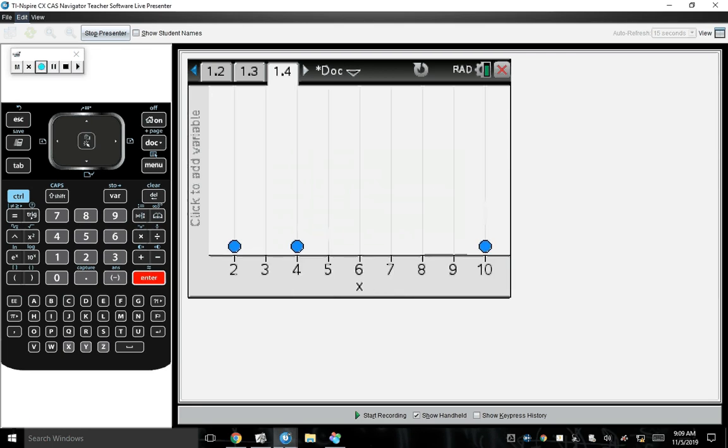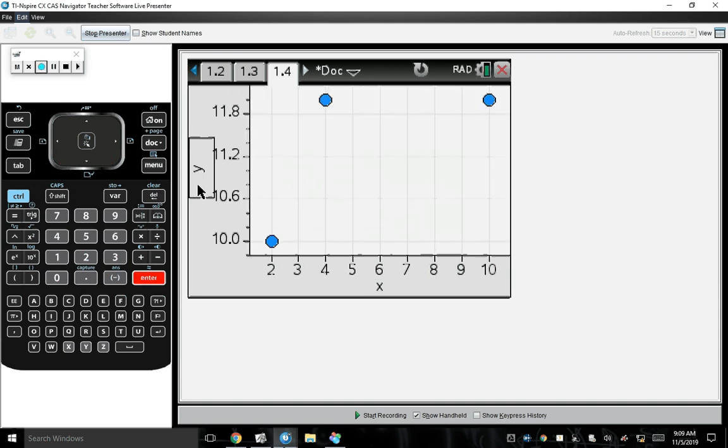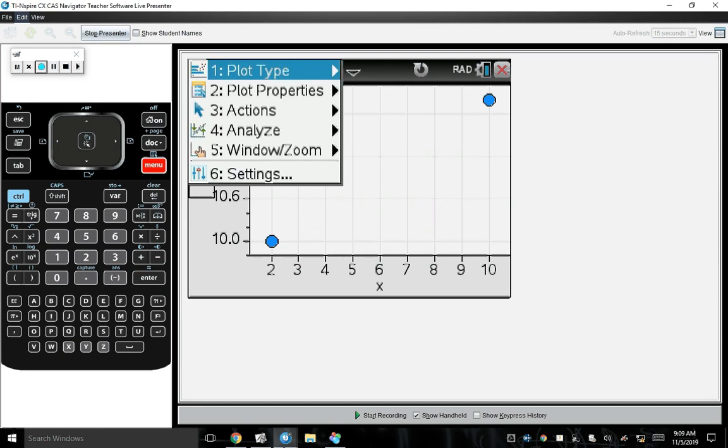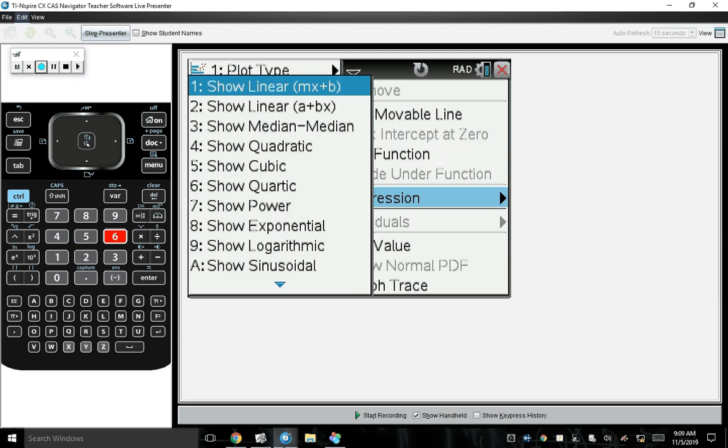We're going to change this variable over here to what? Y. And it will graph out, and you can see that it looks like a quadratic already. And from here we're going to do menu, what? 4. Menu, analyze, 6, the regression, and guess which one we're doing? Quadratic. So we're going to press 4.